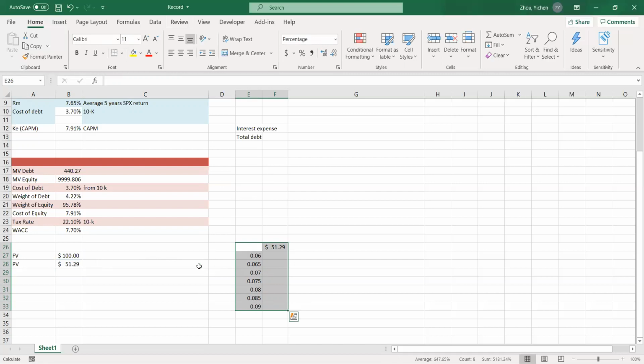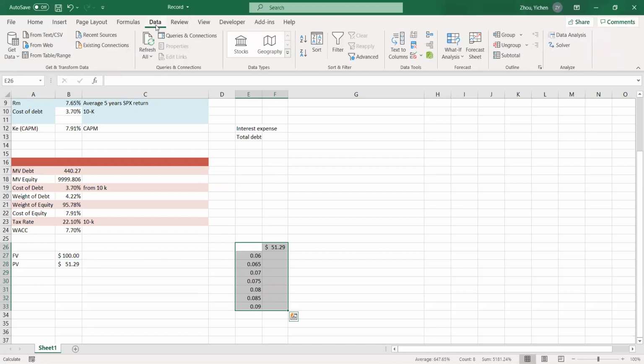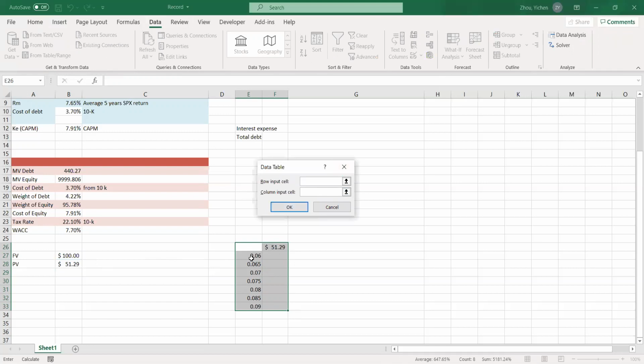So we select this range, go to data here, select what-if analysis, and then go to data table, and we want to link the column input cell to the WACC. Basically, that means we want to change this number here. And then we click OK.